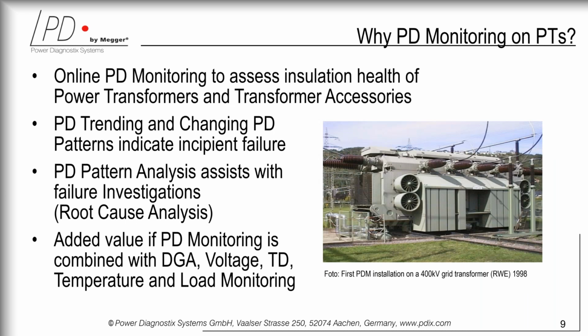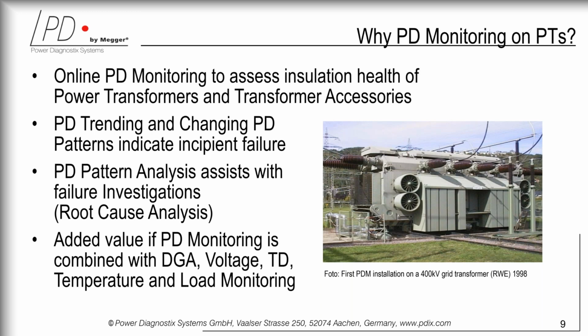The online monitoring of power transformers and accessories like bushings, in my view, is essential because, of course, at the time when the transformer is being manufactured, proper tests are performed, data is being recorded, and that represents, let's say, a starting point.